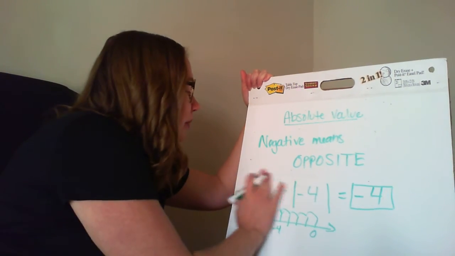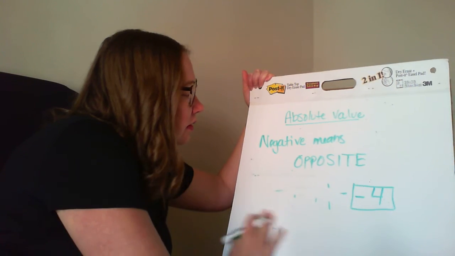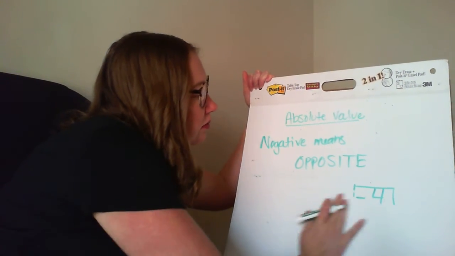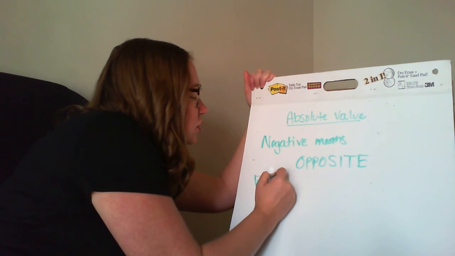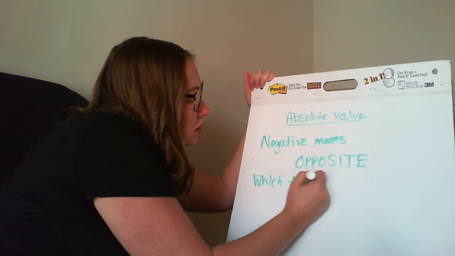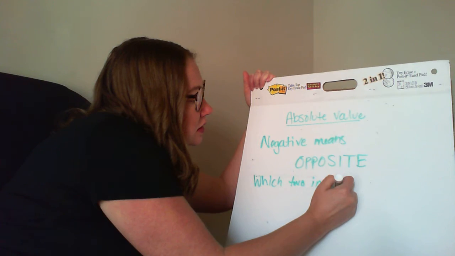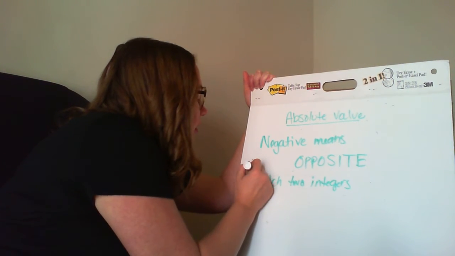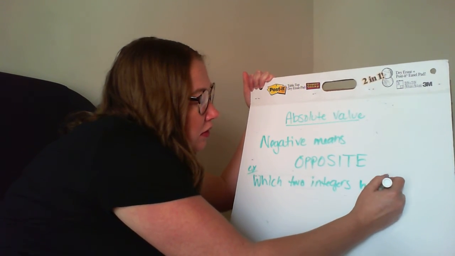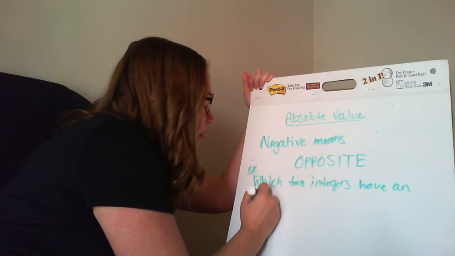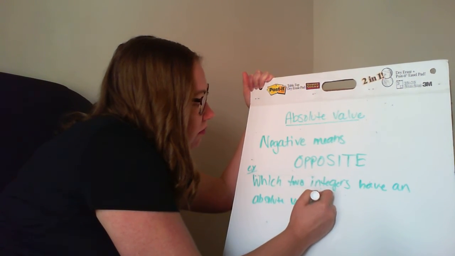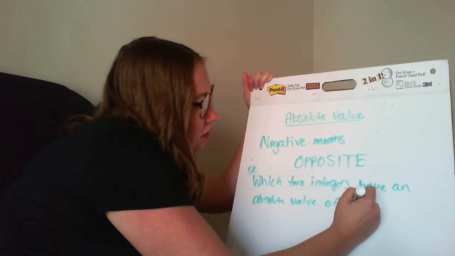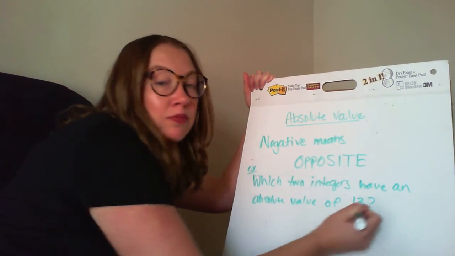Let's do one more example here. Let's say, which two integers have an absolute value of 13?